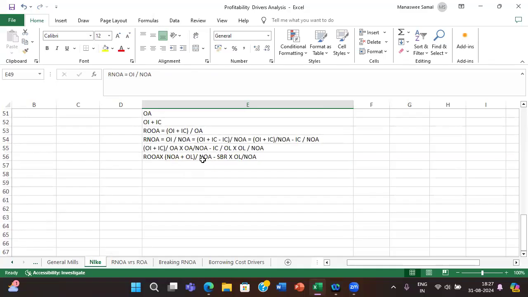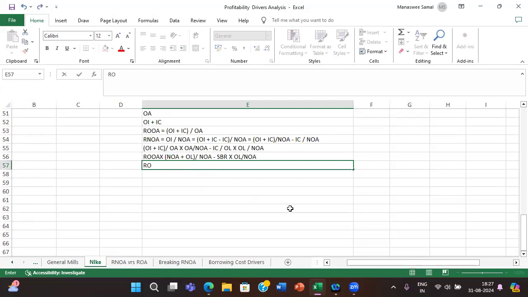So now you look into this. NOA by NOA will be 1 and you will have one component OL by NOA. So here we are just opening up the bracket. RUA into NOA by NOA, that is RUA, return on operating assets. Then I have one component, that is RUA into OL divided by NOA. Then as usual, I'll write that second component, SBR into OL by NOA.